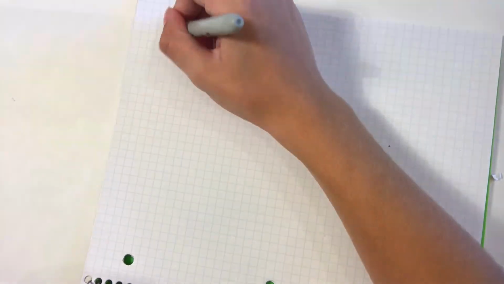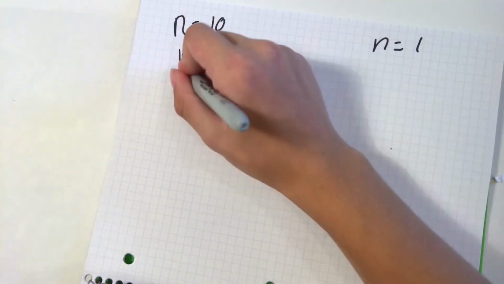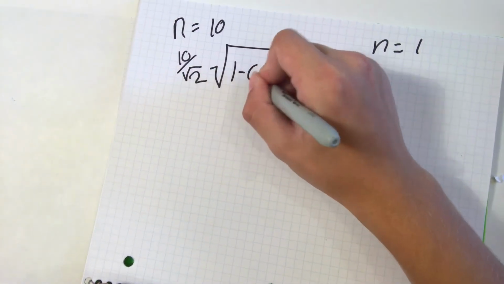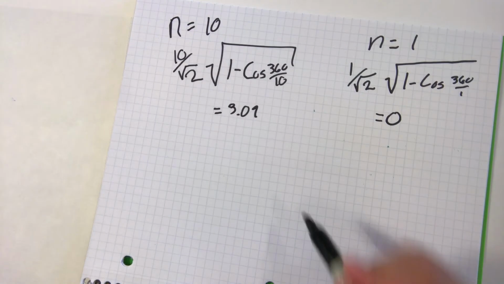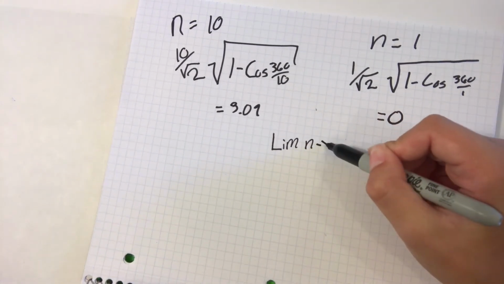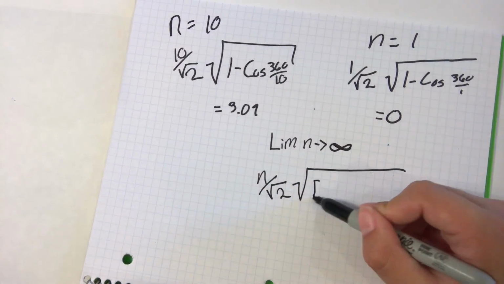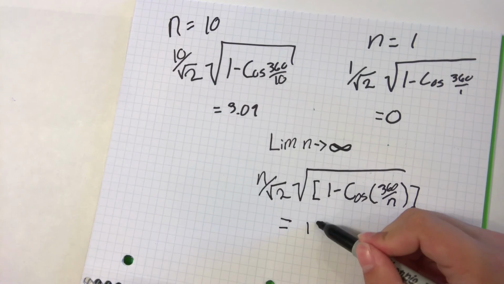We will plug in the numbers 10 and 1 for n and see which one is closer to pi. We'll work them out, and 10 will be equal to 3.09 and 1 will be equal to 0. So now knowing this, we know that as the number increases, we get a better approximation of pi. So as the number grows infinitely larger or approaches infinity, we get the best approximation of pi.